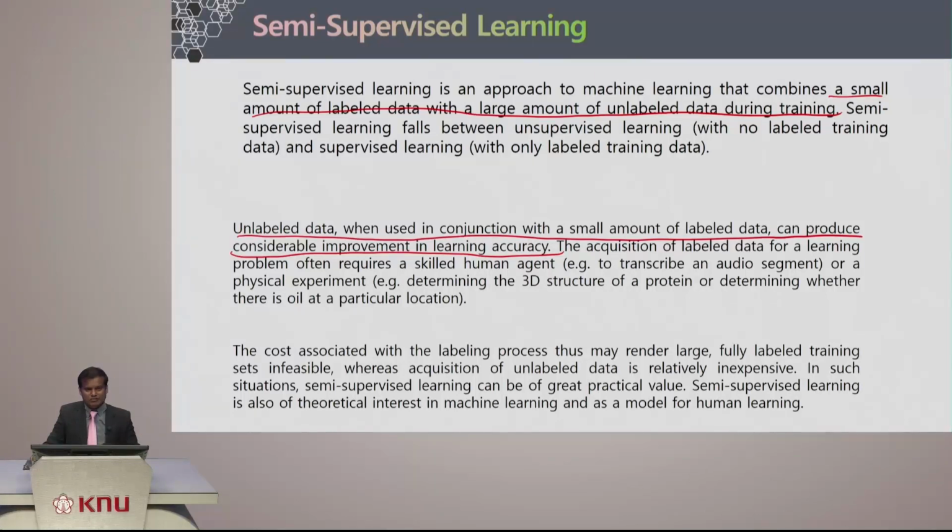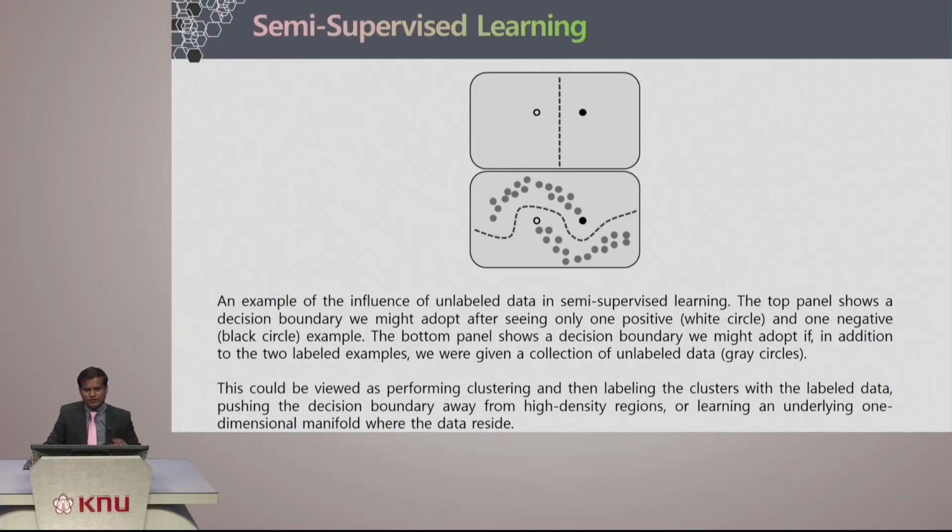So here is one example you can see. The example of unlabeled data in semi-supervised learning has been highlighted here. There's a simple boundary that is given to us, which we might adopt after seeing only one positive white circle and one negative black circle in this example.